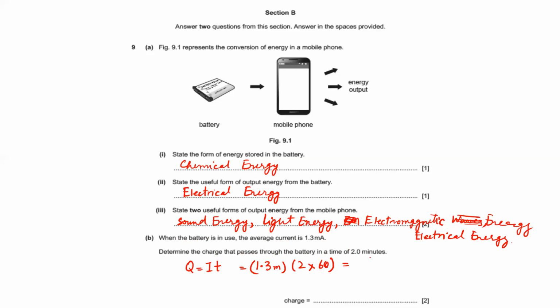The answer is 156 millicoulombs, or 0.156 coulombs. It's good to write 156 millicoulombs.